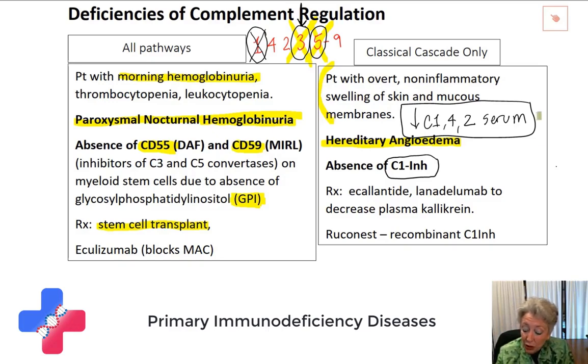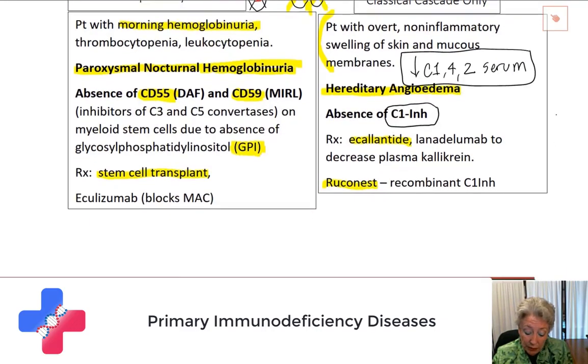But again, we determine the issue by measuring those serum values, and we have some drugs that act through decreasing plasma kallikrein in order to help these patients. Ruconest is a recombinant preparation of C1 inhibitor that can be given to these patients in order to ameliorate their problems.